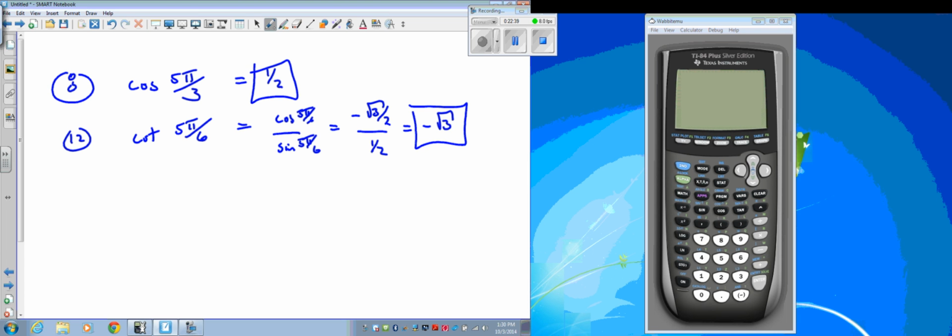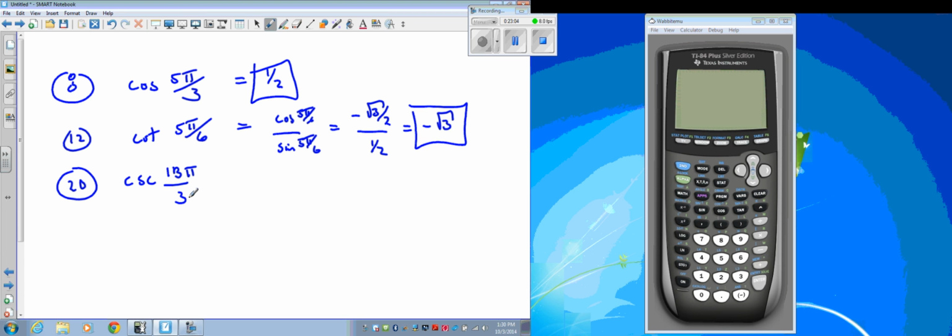So let's just look at 20. 20 says cosecant of 13 pi over 3. Now, what you've got to do is try to figure out what the coterminal angle is for this.